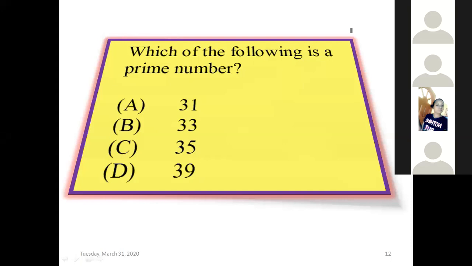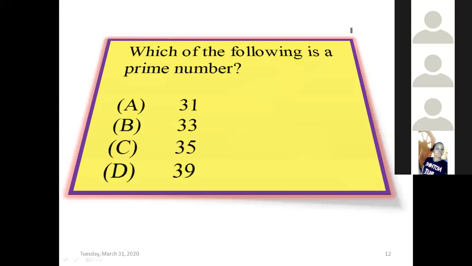So what do you think is the answer, Ganesha? 31. All right. Would you all agree? Anybody else agree or disagree? Yes, sir, we all agree. All right, so it's 31. I don't think there are any other factors you could find apart from 31 and 1.